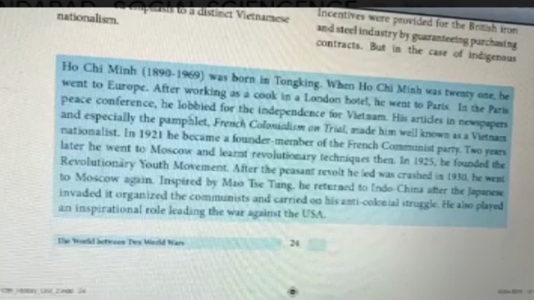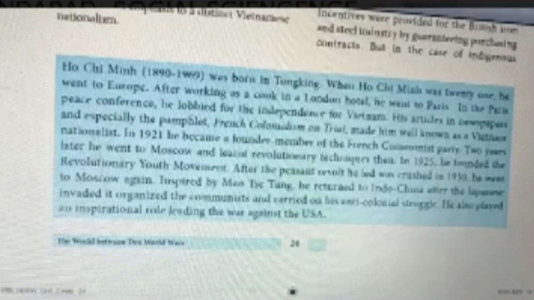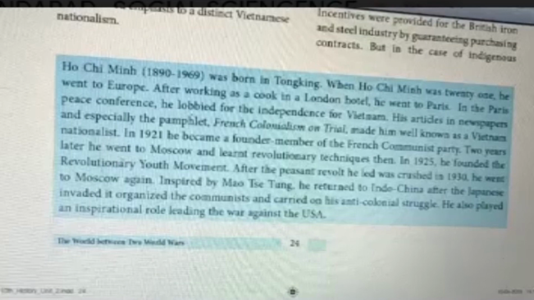At the end of World War II, the Viet Minh announced Vietnamese independence. The French refused to relinquish their colony, and in 1946 the war broke out. After eight years of war, the French were forced to agree to peace talks in Geneva.